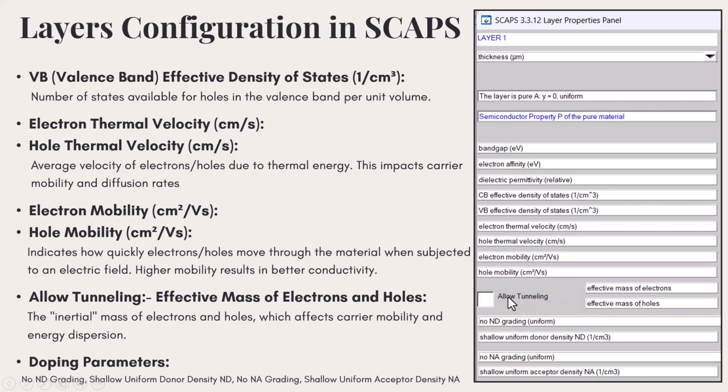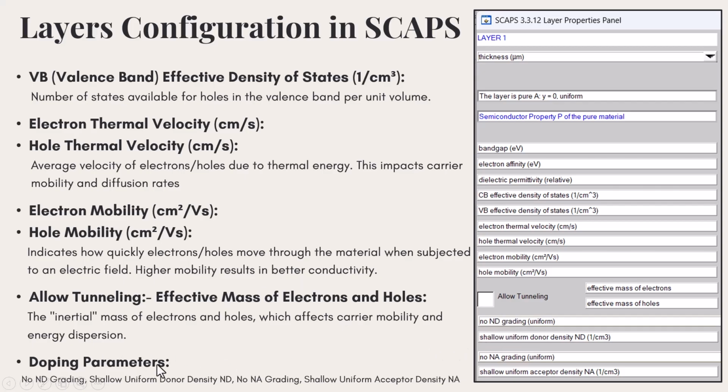Now, next here we have allow tunneling. This indicates the inertial mass of electron and hole, which affects the carrier mobility. So if you want to set this value, you have to check this box. And if you don't want to check it, then you leave this box unchecked. Last but not the least are the doping parameters.